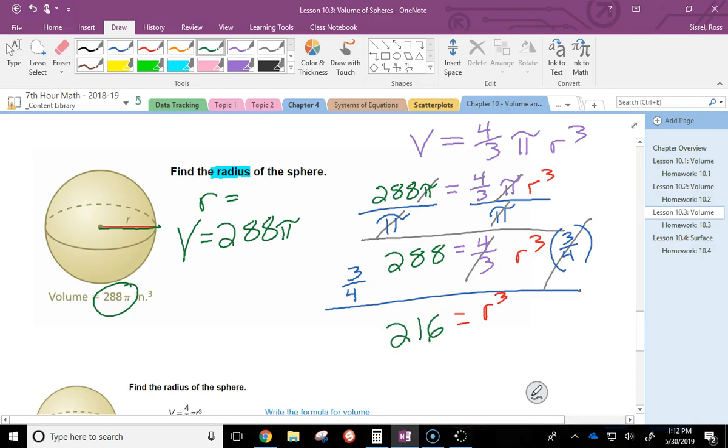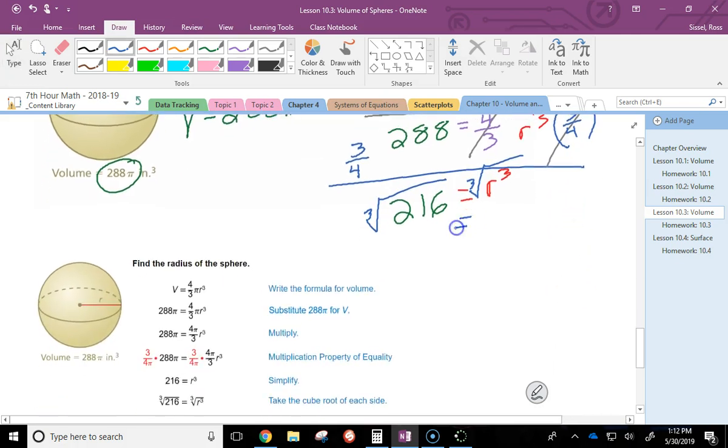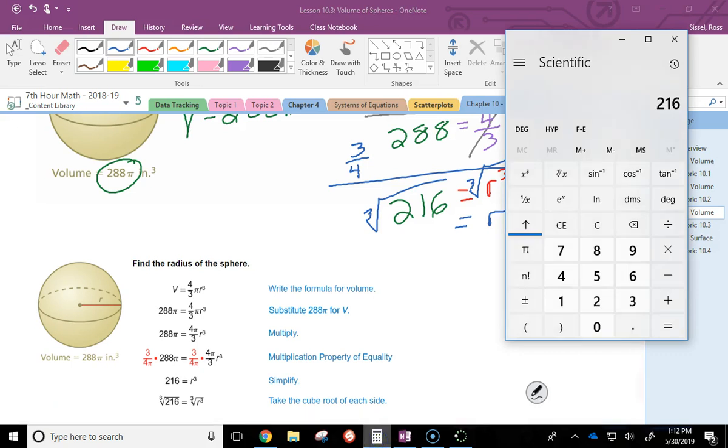You have to cube root it. Good. The opposite of cubing is cube rooting. So what times itself is going to equal r? You probably didn't get all the way to the answer. If you're using your calculator, remember, you have to go your second shift on your calculator.